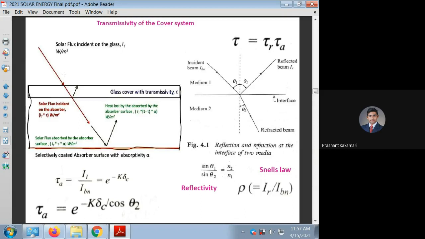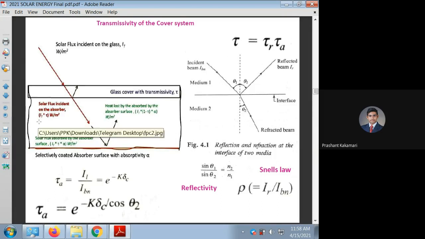Once it passes through the glass cover, some of the energy will be absorbed by the glass. That's the absorptivity, written as alpha. Some part of the energy is absorbed by the glass, and some part is transmitted. While transmitting, some energy will be lost. That is accounted for by multiplying with the transmissivity of that glass cover.